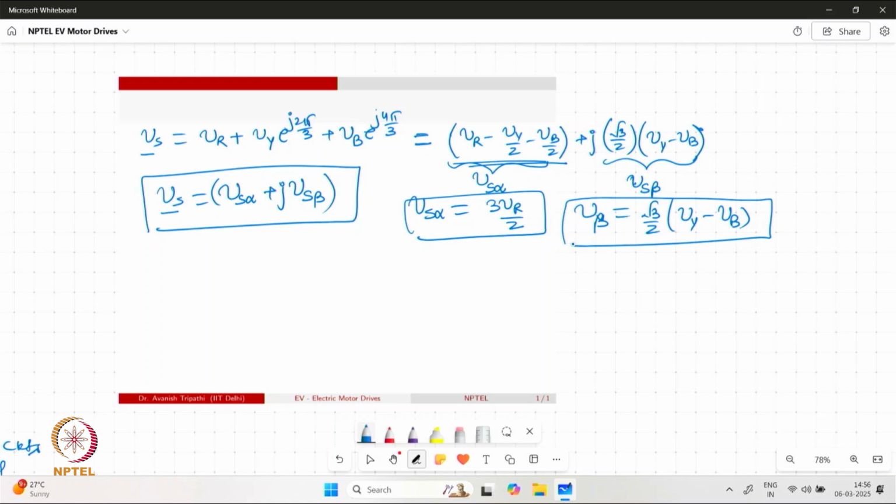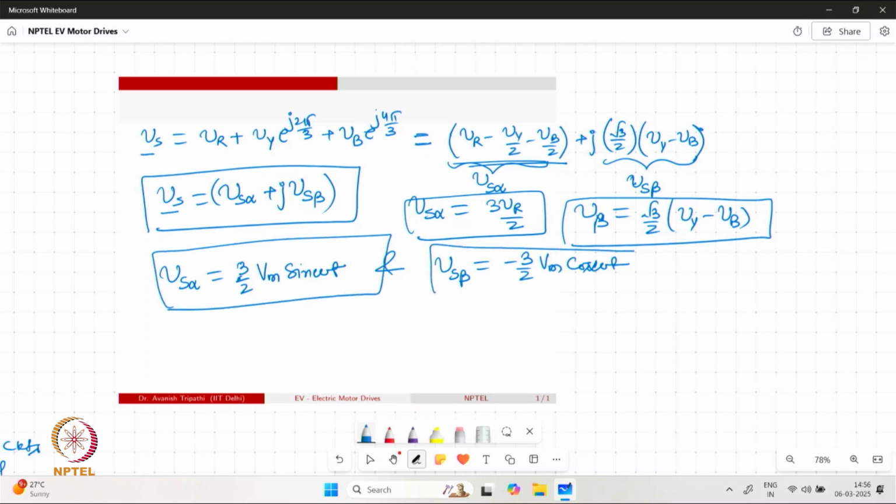Or if we plug in the values of sin omega t minus 120 and so on, we are going to get ultimately, as I suggested, the magnitude of the vector is going to become 3 by 2 times Vm, and there are two orthogonal components associated with this vector.